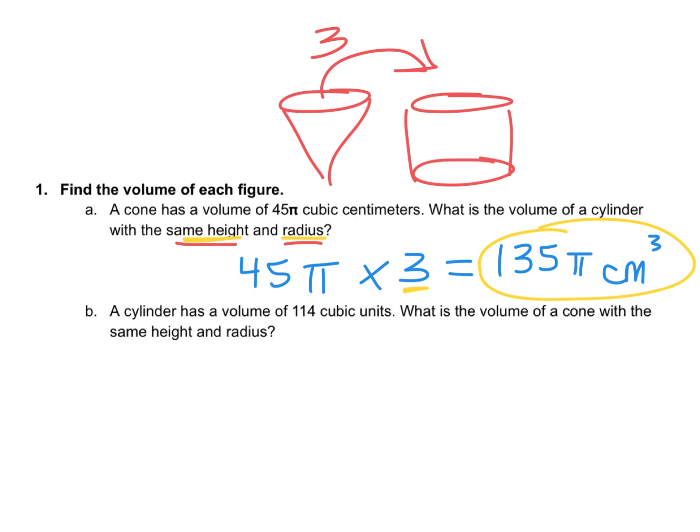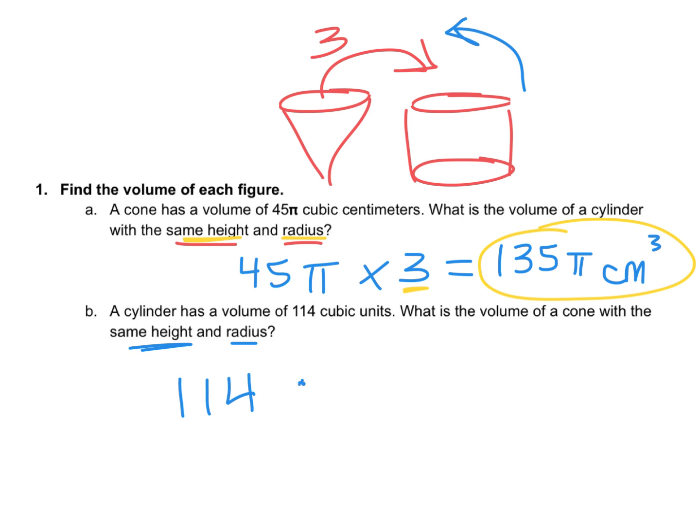Then the opposite of that would be true. If a cylinder has a volume of 114 cubic units, what's the volume of a cone that has the same height and the same radius? So if we go the other way, a cone would be a third of the size.